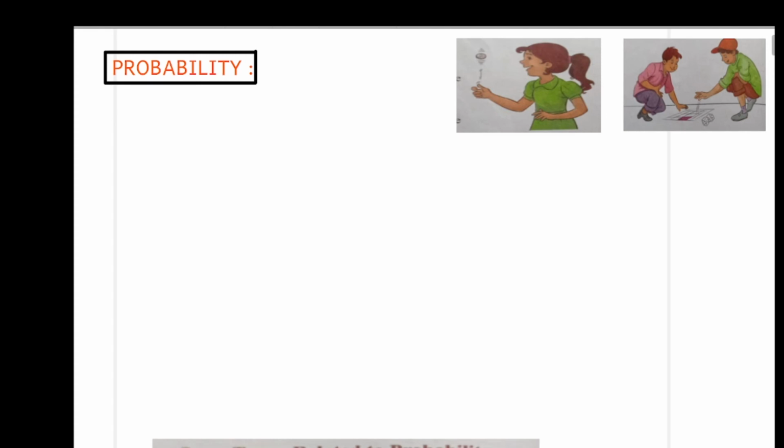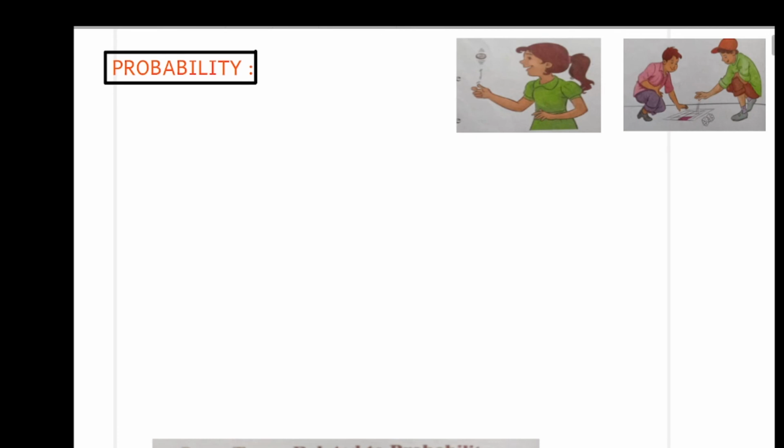So there is a chance for the rain to come and a chance for it to not come. Similarly, the chances of the Indian team winning the World Cup are very high. That means there is a chance. These are called probability.